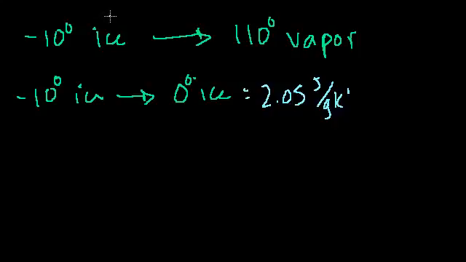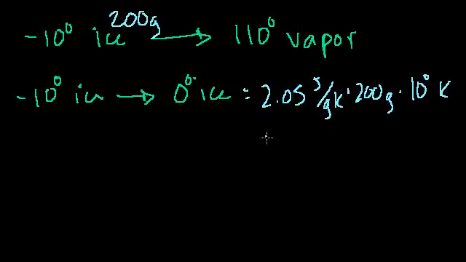So let's say we're dealing with 200 grams. So it'll be the specific heat times the number of grams of ice we're warming up times the change in temperature we're trying to get, so times 10 degrees. Well, this is Kelvin here, so let's just say it's a 10 degree Kelvin change. It doesn't matter whether we're using Kelvin or Celsius. I could have written Celsius in the units. Let's put Celsius right there.